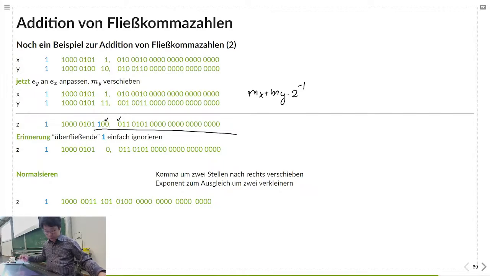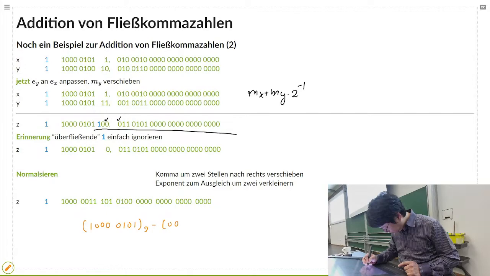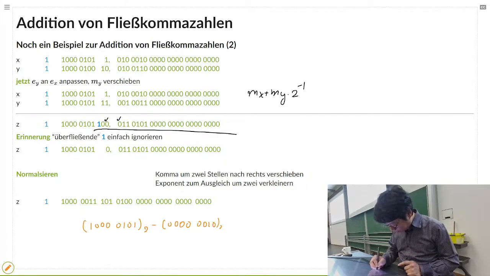So this value 1, 0, 0, 0, 0, 1, 0, 1 minus 0, 0, 0, 0, 0, 0, 1, 0 is our EZ.